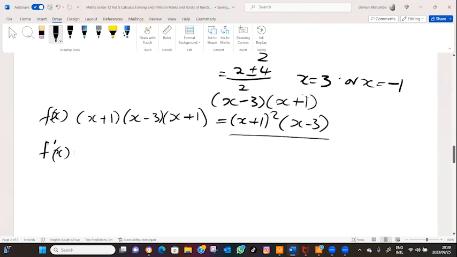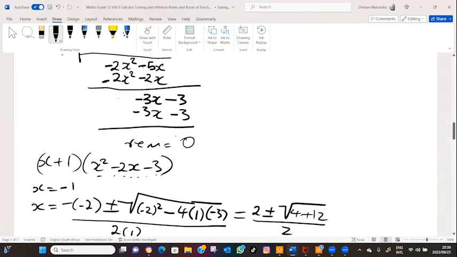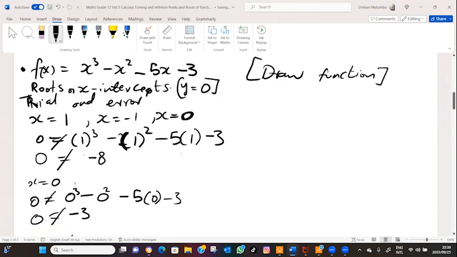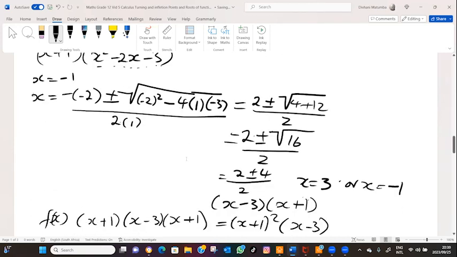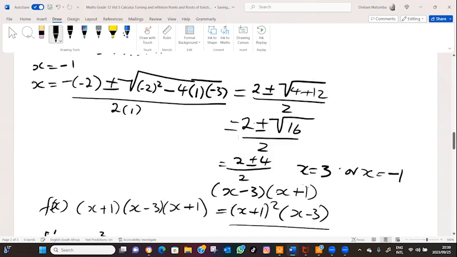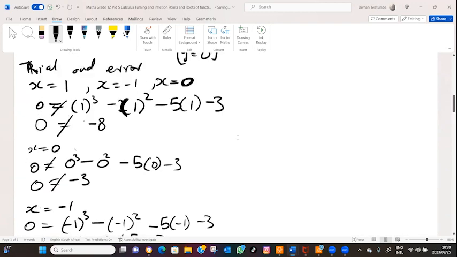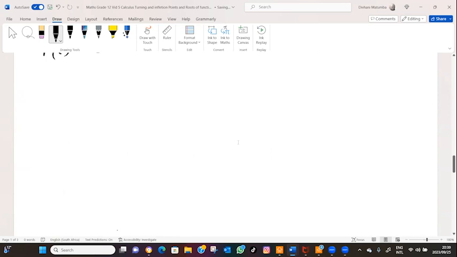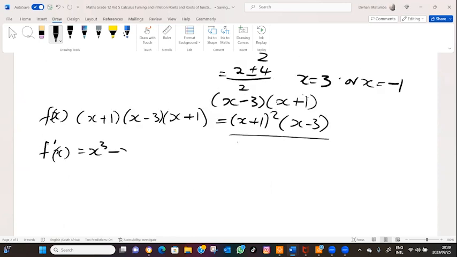If you take the equation and you find the derivative of the function x to the power of 3 minus x squared minus 5x minus 3.